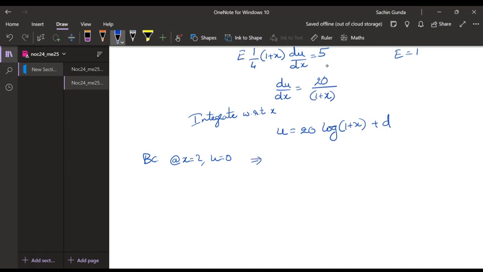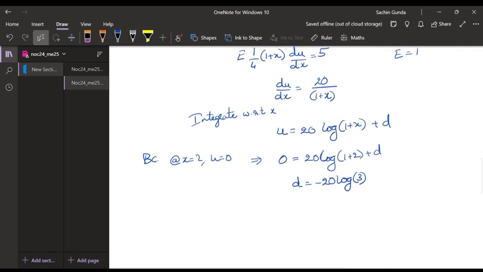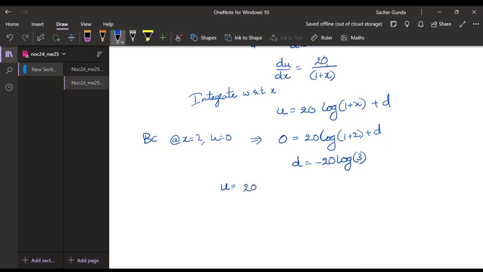If you substitute this condition in this equation, you will get 0 is equal to 20 log of 1 plus 2 plus d. So you will get d as minus 20 log 3. So the final solution of u is equal to 20 log of 1 plus x minus log 3.